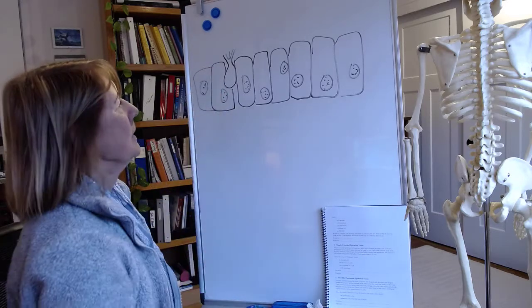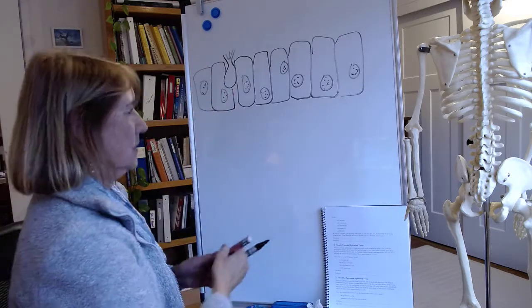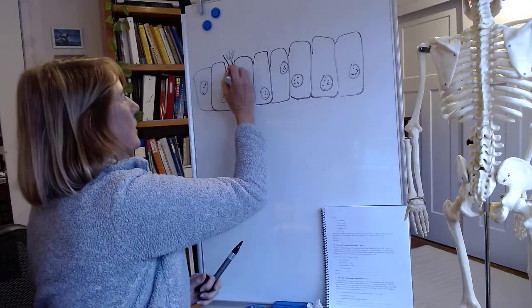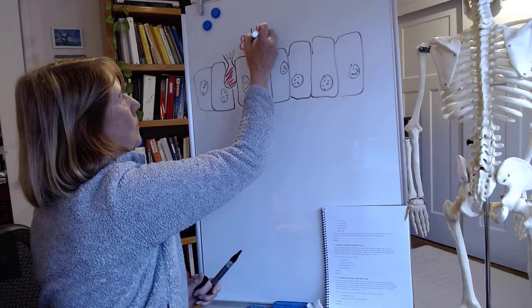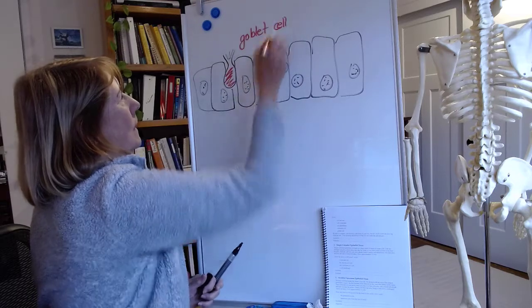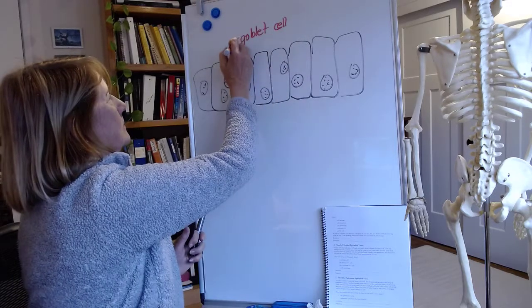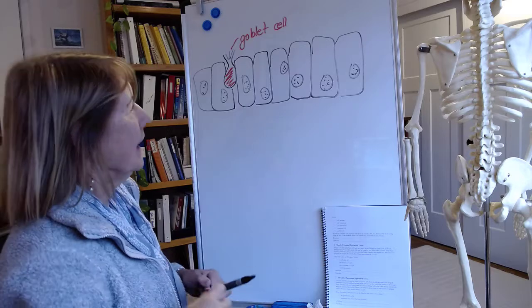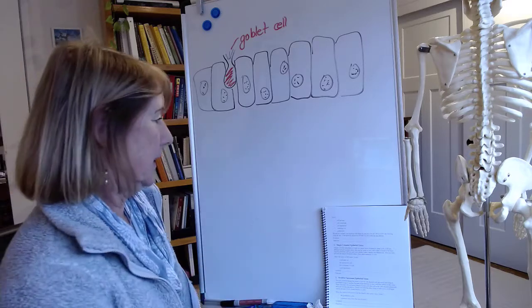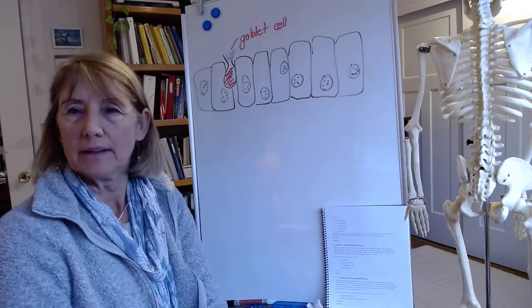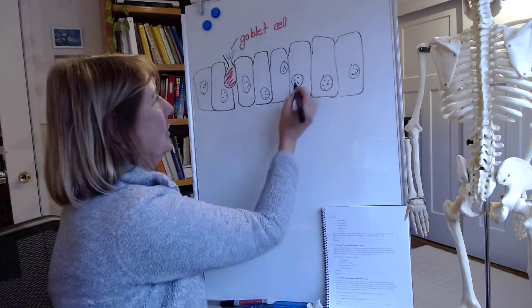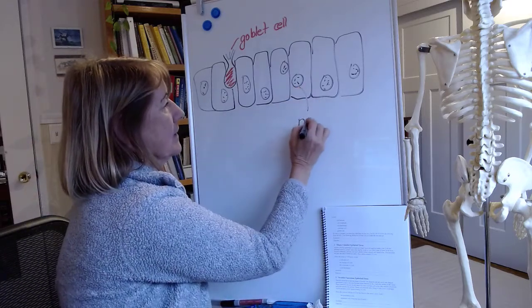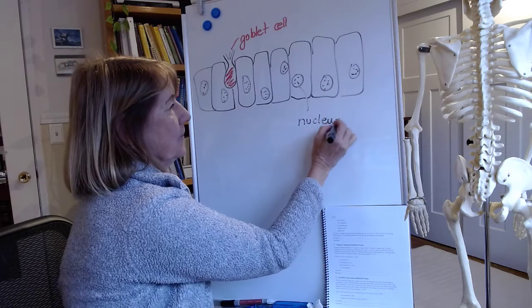Let's make another one. So this one then, I'm going to make it orange. That's going to be my goblet cell, and I'm going to label it. Okay, now the other things that we ask you to label are, what is the cell nucleus in these cells here? So I would have a line that says, okay, here's the nucleus.